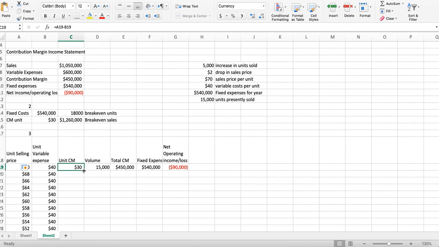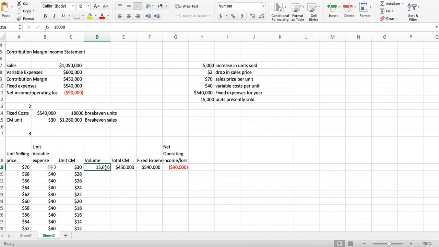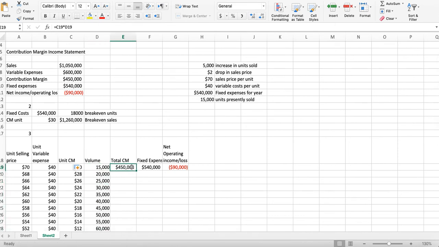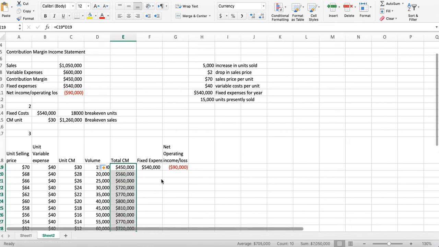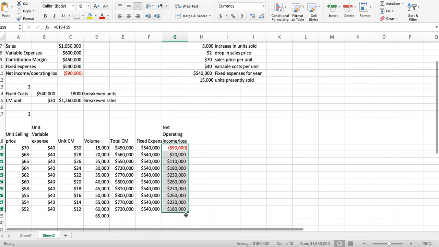Our contribution margin, I can copy that down because I used a formula. Our volume, they said, would increase 5,000 units with every $2 drop in sales price. So I'm going to increase that by 5,000. And again, I should be able to use my formula here to calculate that. My fixed expenses do not change. And I can use my formula here to carry that down as well.